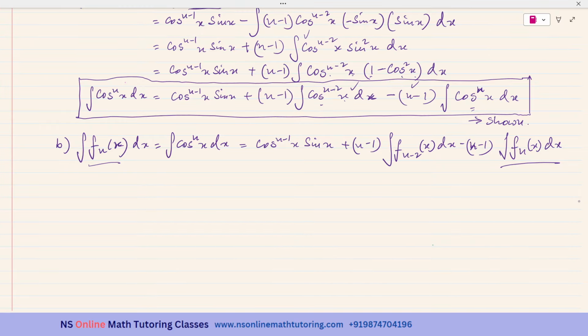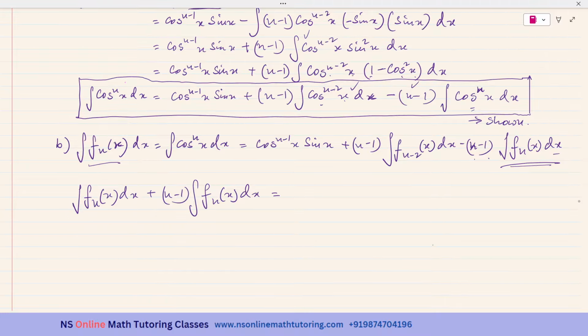So let us add (n-1) times the integral of fn of x with respect to x to both the sides. Okay, so this becomes plus, I'm adding, so it is plus (n-1) times the integral of fn of x with respect to x to both the sides.